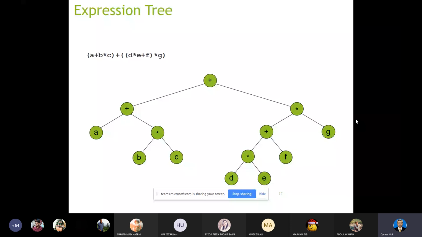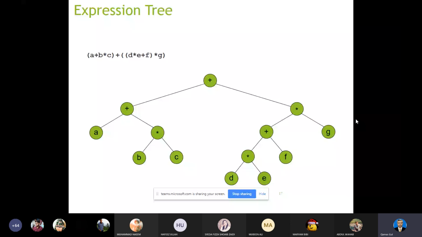So the left hand side of the expression is represented on the left subtree, and the right hand side of the expression is represented on the right subtree. On the right subtree you have this multiplication sign, then you have plus, and further nodes of the expression. So this is an expression tree.